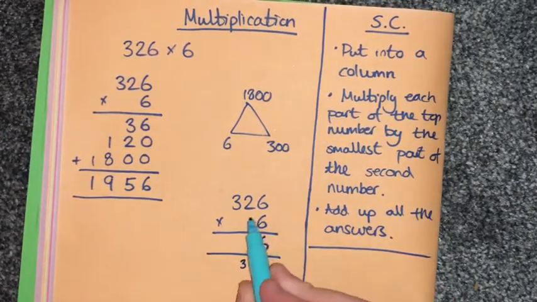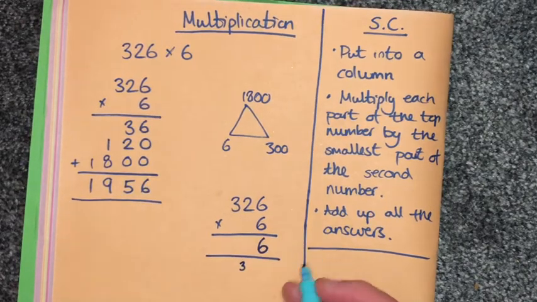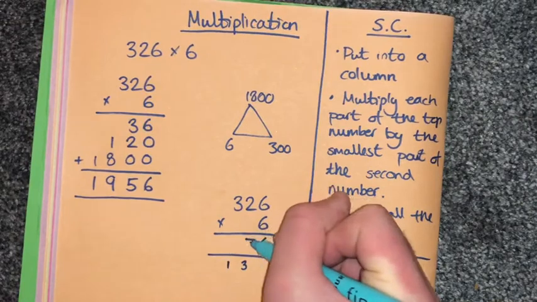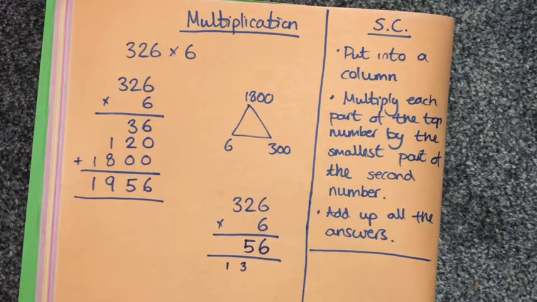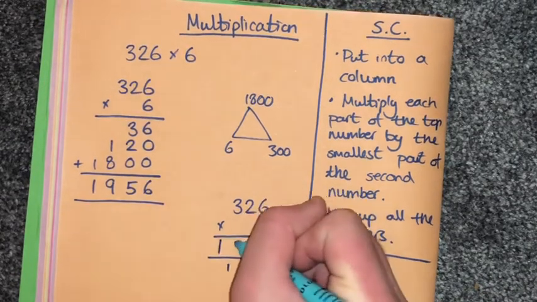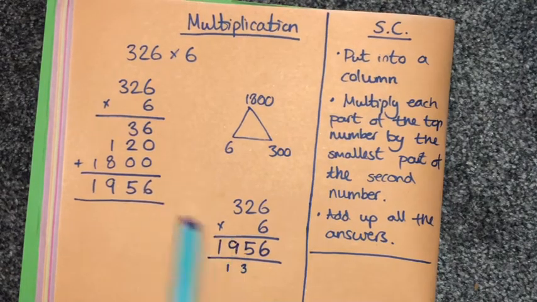Then I do 6 times 2 tens, which is 12 tens, plus those 3 tens is 15 tens. Then I do 6 times 3 hundreds, which is 18 hundreds, plus that 100, so I end up with 19 hundreds, and my answer is 1,956. Same answer, contracted methods, okay?